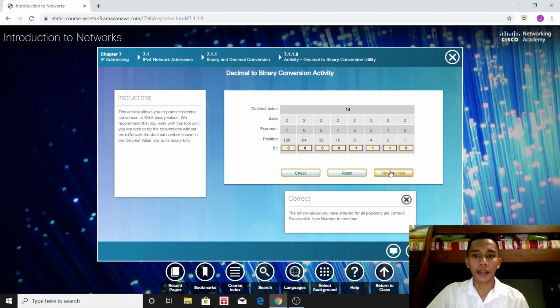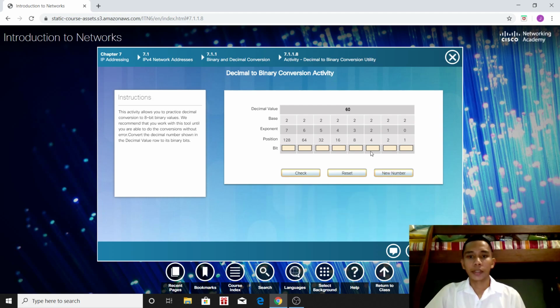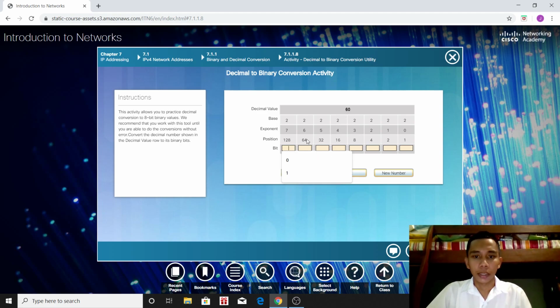Then another example, 60. Given is 60, so 128 is closed, 64 is closed, 32 is open, 16 is open, 8 is open, 4 is open, then the rest are closed.